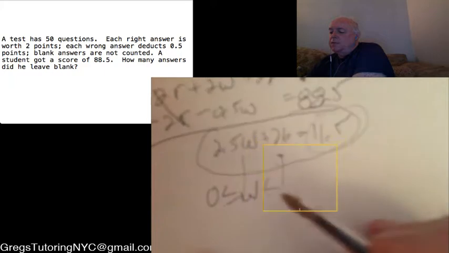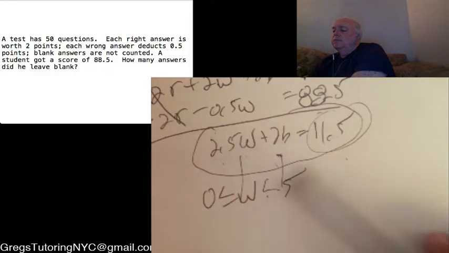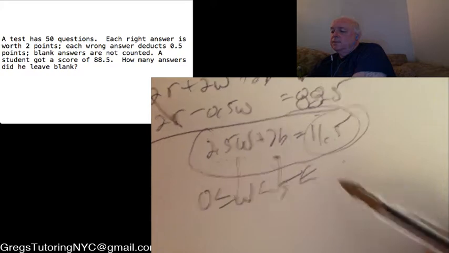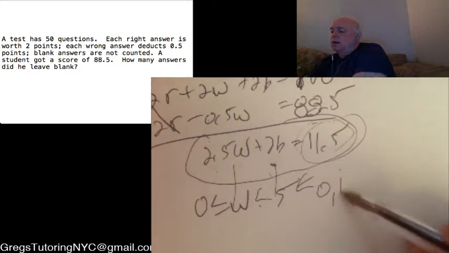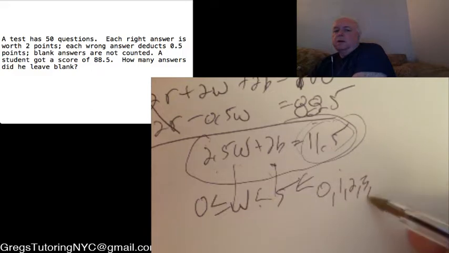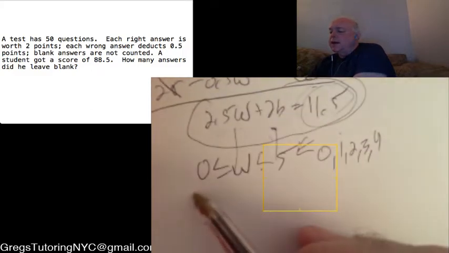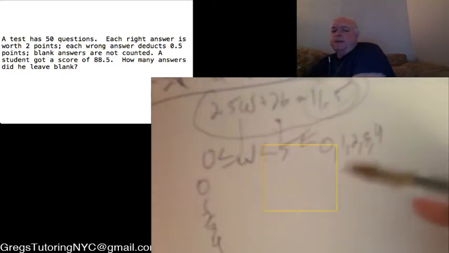So W has to be less than 5, because if it's 4, we get 10. So we just constrained where W can be, at least to honor this part. W can be 0, 1, 2, 3, or 4. So really what we need to do at this point is lay out those scenarios and just go through it.